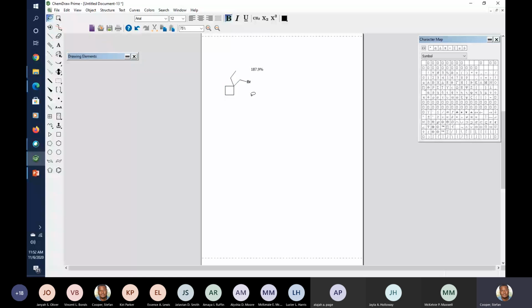I don't know why these things are so small today. Yeah, these are the wrong settings. I don't know what the settings are set right now.